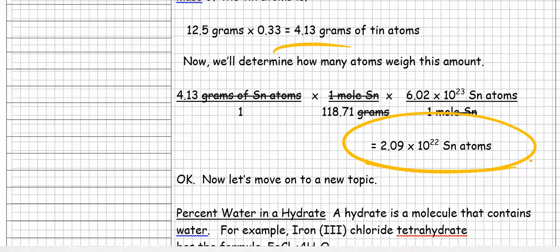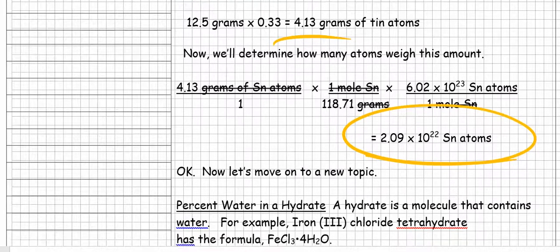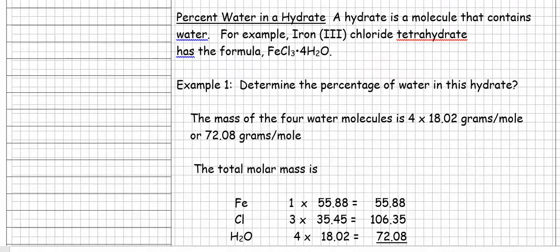We looked then at percent water in a hydrate. Remember, water in a hydrate means you have a molecule, in this case iron chloride, but it has 4 water molecules associated with it. What we want to do is determine the percent by mass of water in this hydrate.